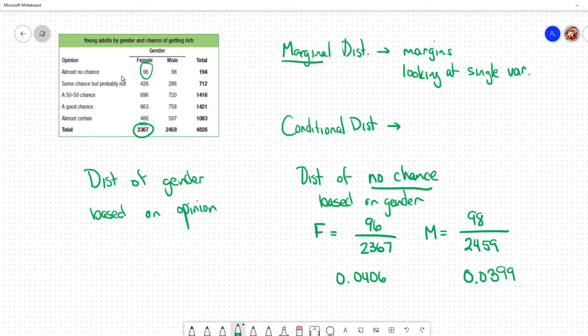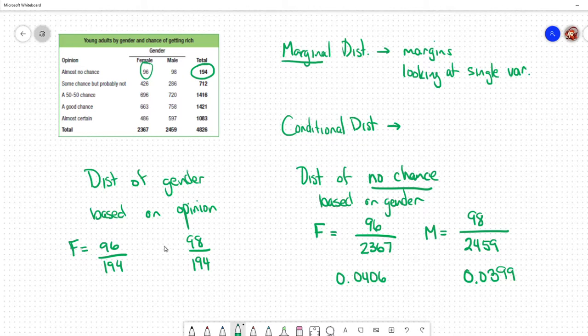So if we were to take that same row, that first opinion of almost no chance, now I'm going to be looking horizontally. This would become my total. So for female, I see what? Oh, 96 females out of the 194 versus 98 out of the 194.